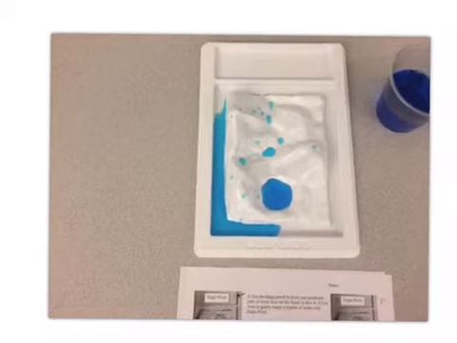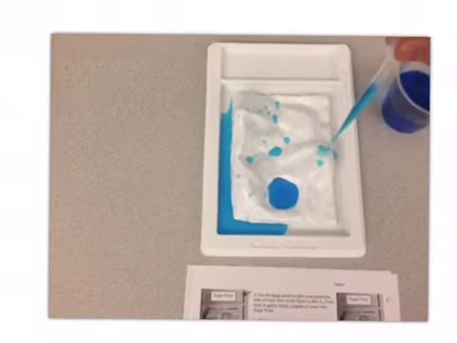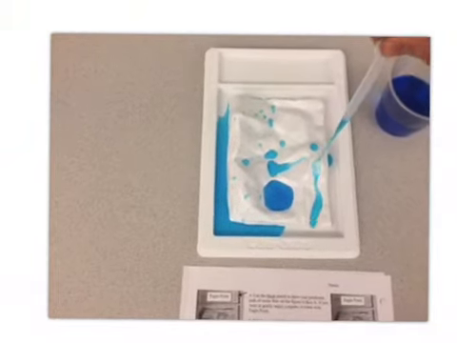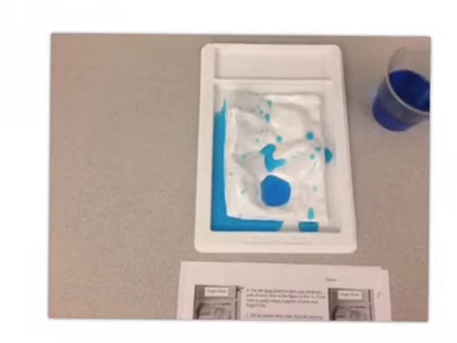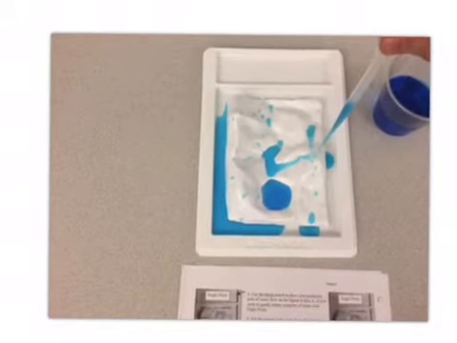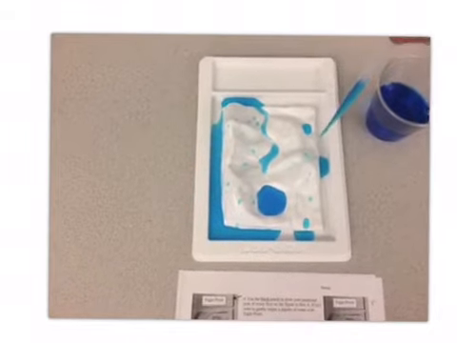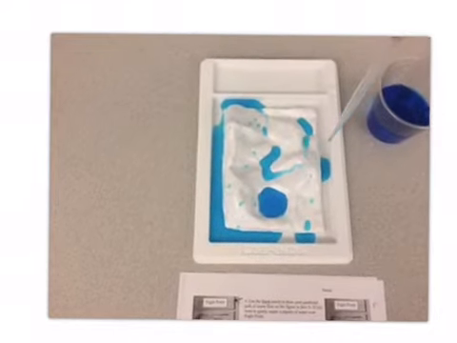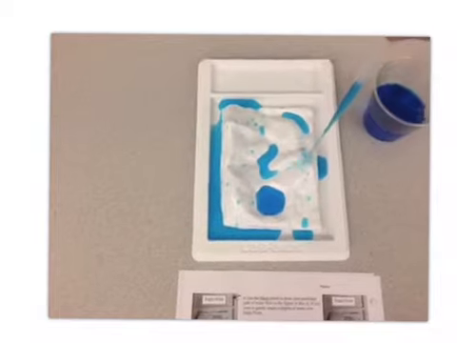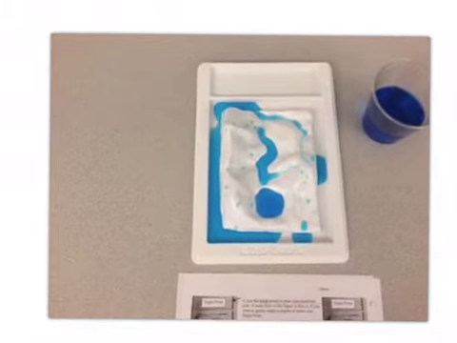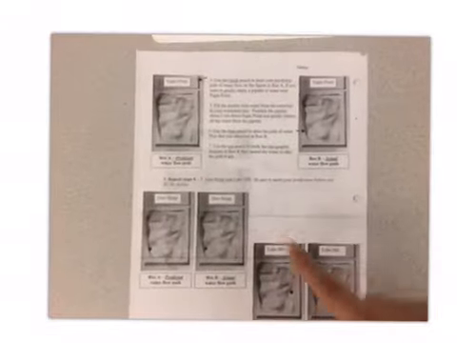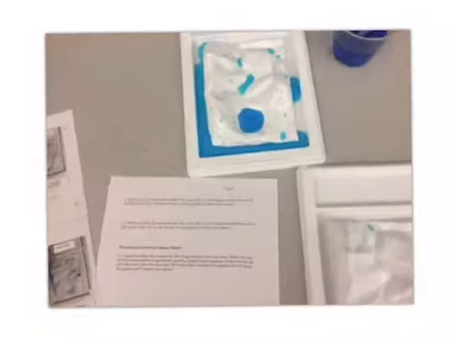Now for Lake Hill, you can see at Lake Hill, you have most of it going into your river, but none going into the lake. So make sure you mark what actually happened here and here on your sheet.